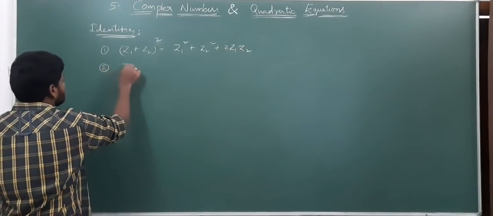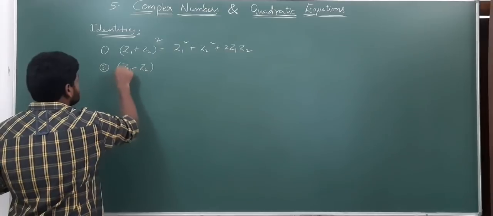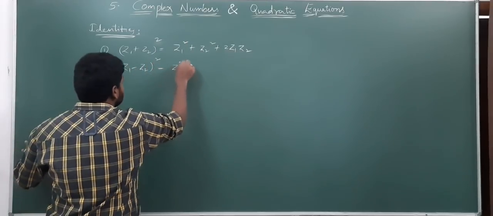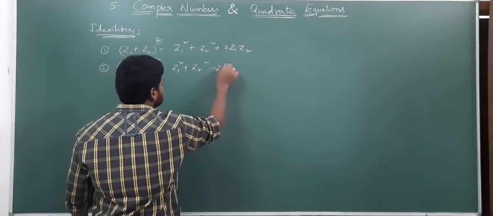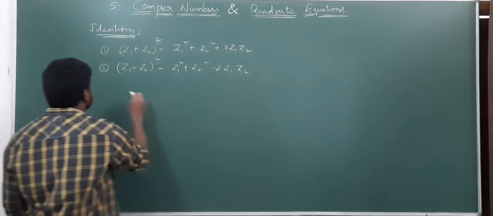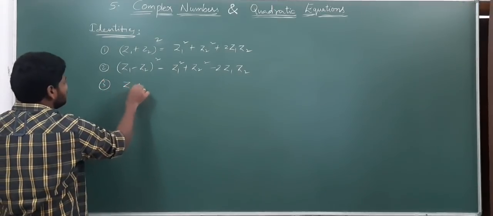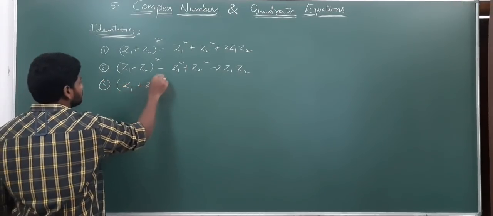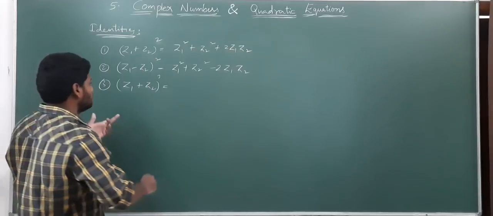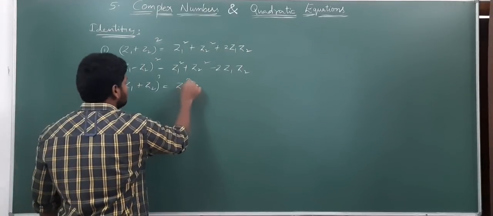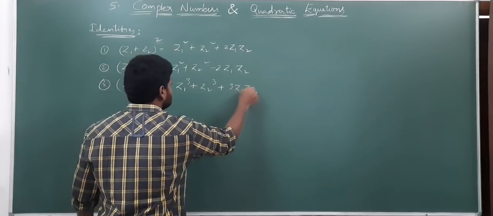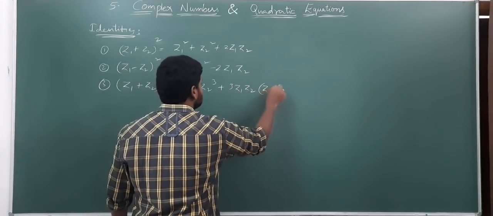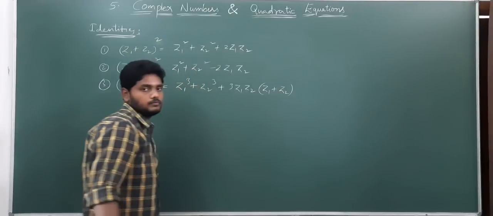Next, z1 minus z2 whole square is equal to z1 square plus z2 square minus 2 z1 z2. Next, the third one, z1 plus z2 whole cube, like the a plus b whole cube formula, is z1 cube plus z2 cube plus 3 z1 z2 into z1 plus z2.